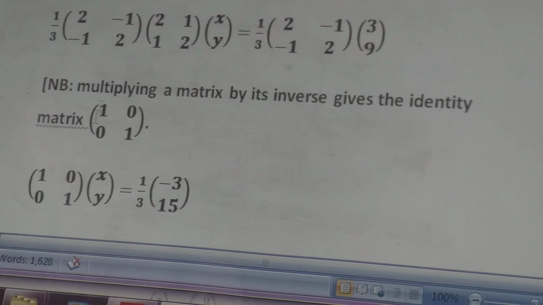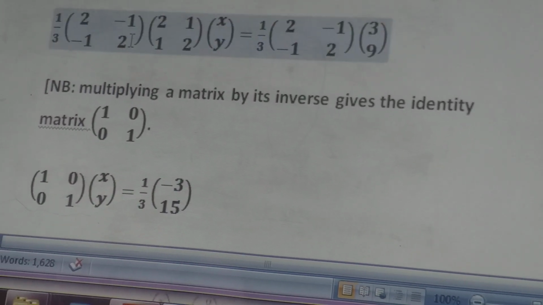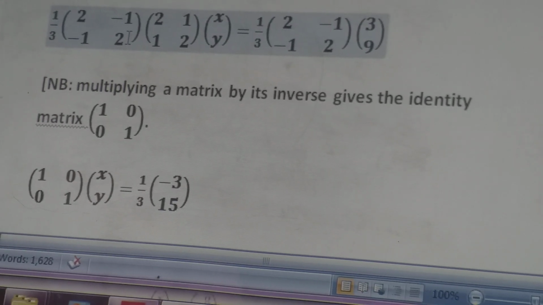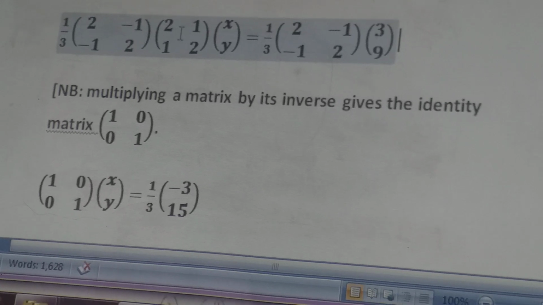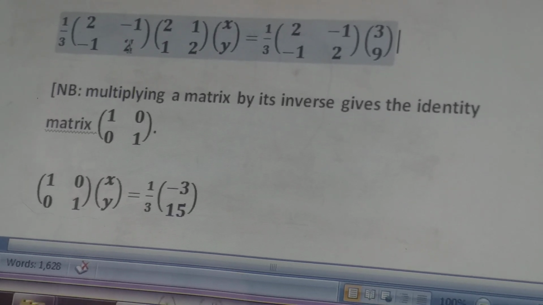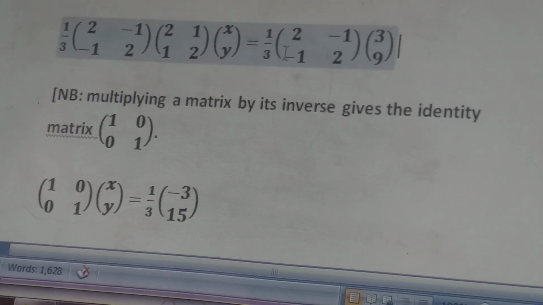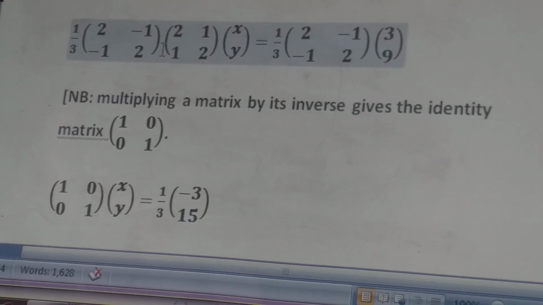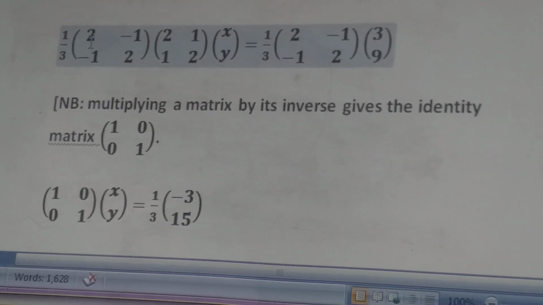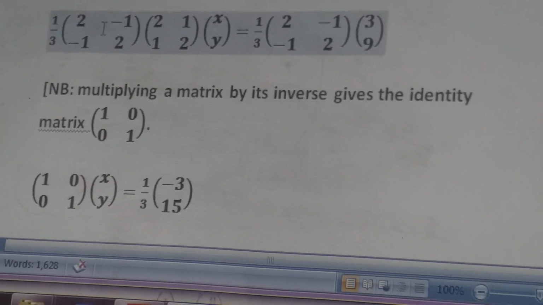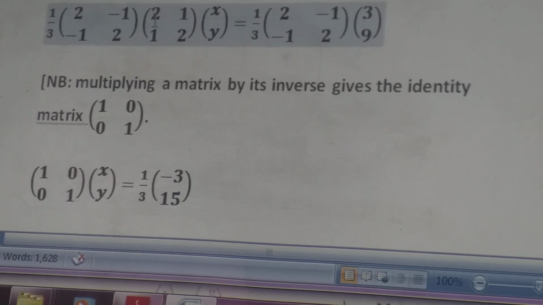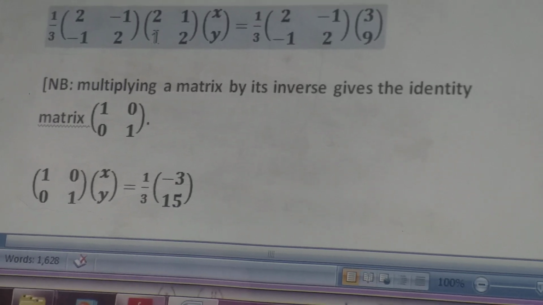But it may be very good for you to do the multiplication, because if you have found a wrong inverse, it will mean you are adding disaster on top of a disaster. So do the real multiplication so that you find for yourself that you get the identity matrix. But if you are sure, no problem.